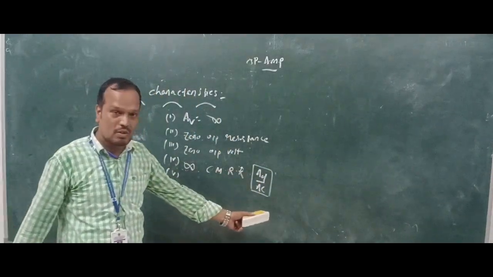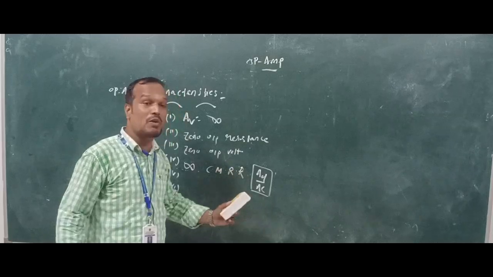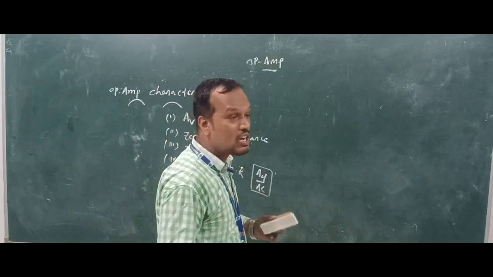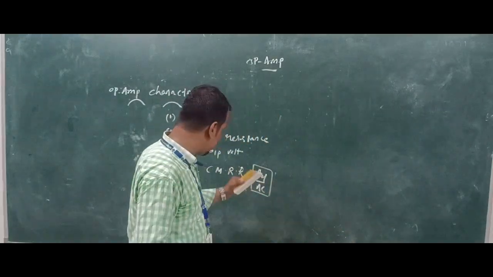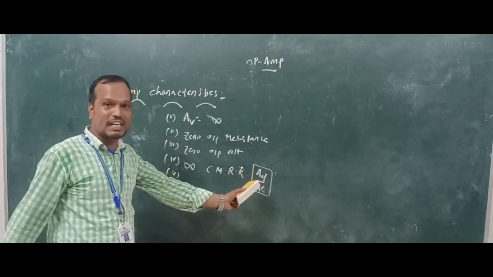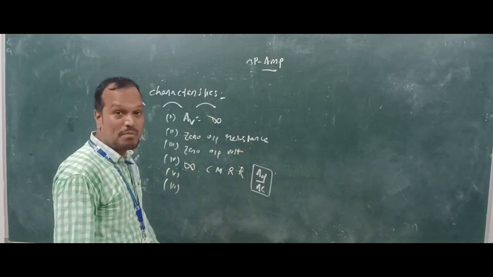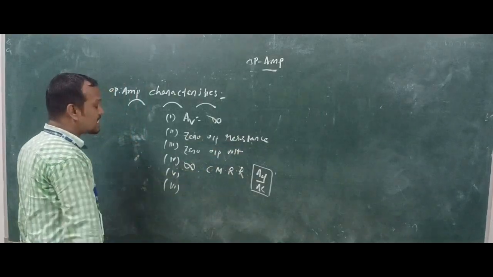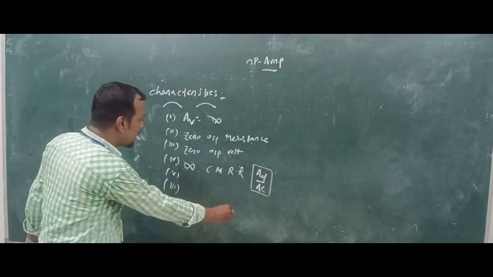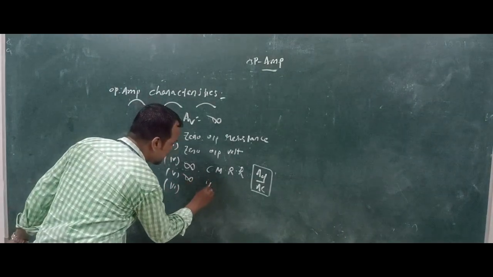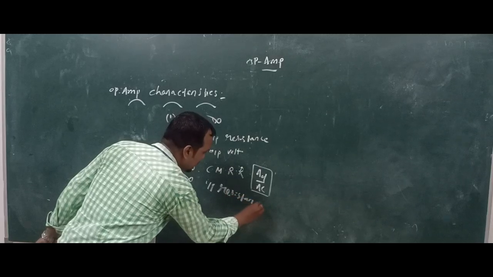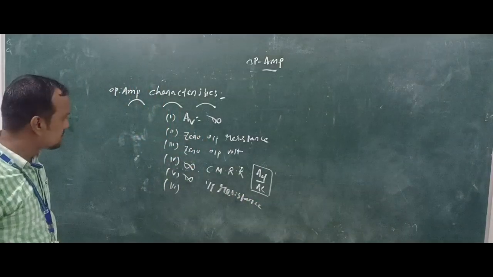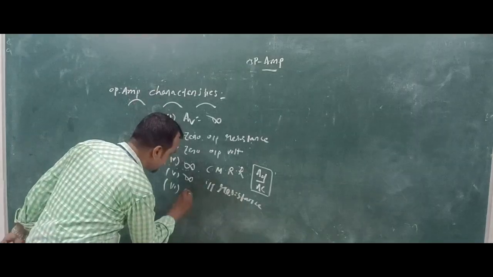We have to go through what CMRR is and how we calculate the CMRR, and what formulas there are, when the topic of op-amp parameters comes. So infinite CMRR, infinite input resistance, infinite output resistance.